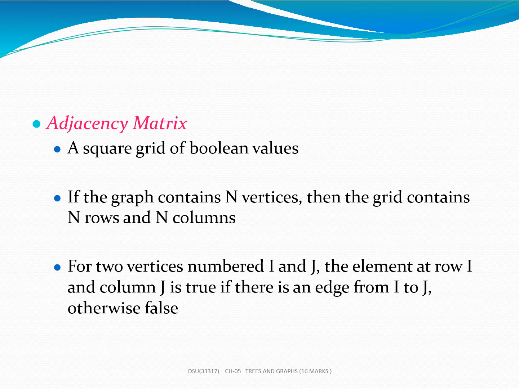It is a square grid of Boolean values according to the vertices and edges. If the graph contains n vertices, then the grid contains n rows and n columns. For two vertices numbered i and j, the element at row i and column j is true if there is an edge from i to j, otherwise false.